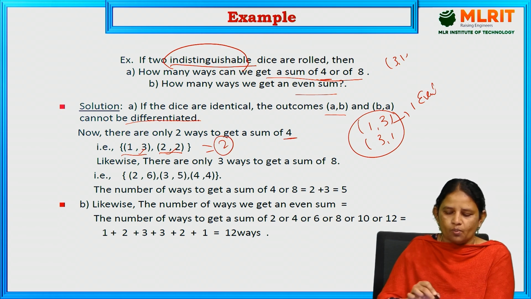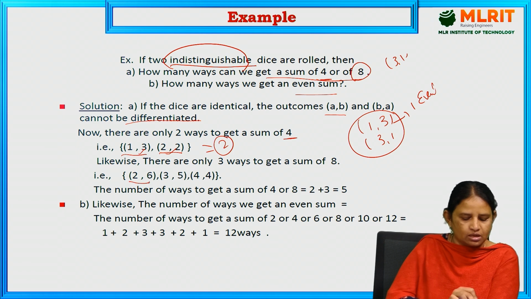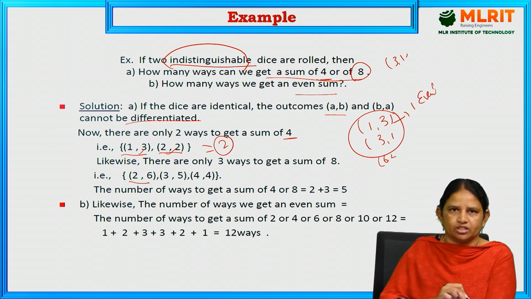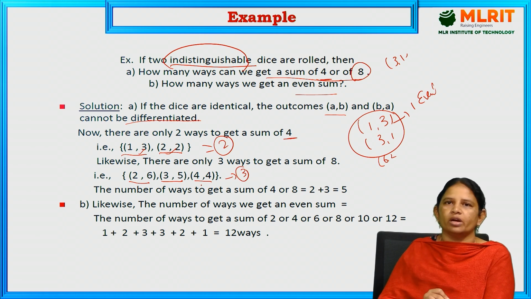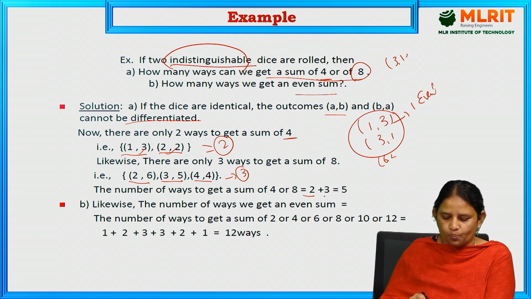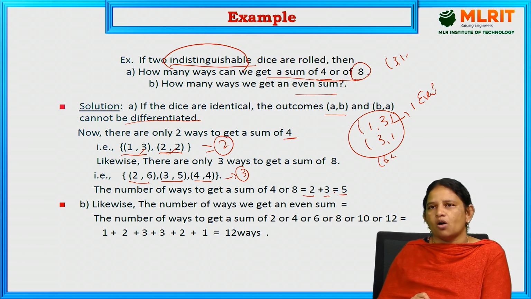Next, how many ways can we get a sum of 8? That means 2, 6, one possibility. Don't write 6, 2 because it is indistinguishable. Then 3, 5, 4, 4. There are 3 ways. Total, how many ways can we get a sum of 4 or 8? That is 2 plus 3, which equals 5 ways.